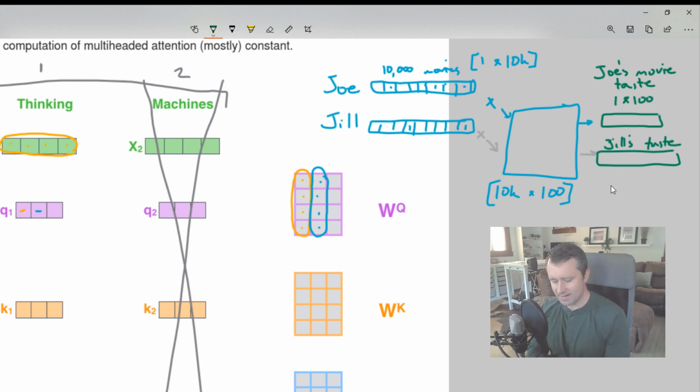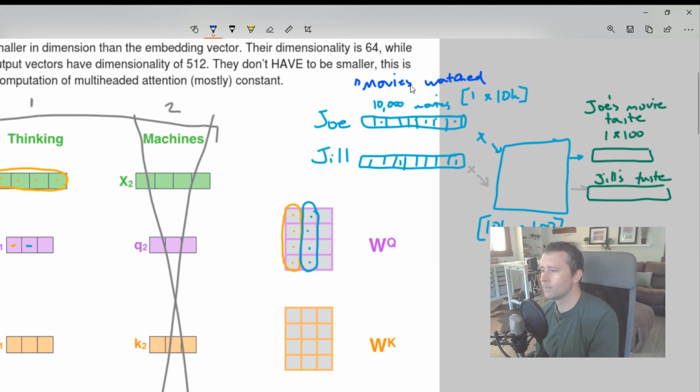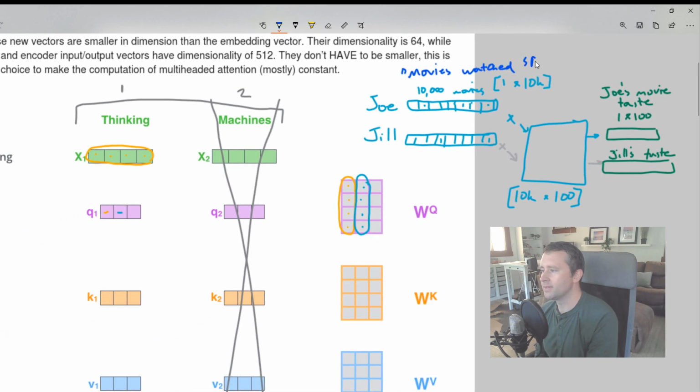So what we've done with this projection step is we've taken a vector that was in one input space. We can call it movies watched space.